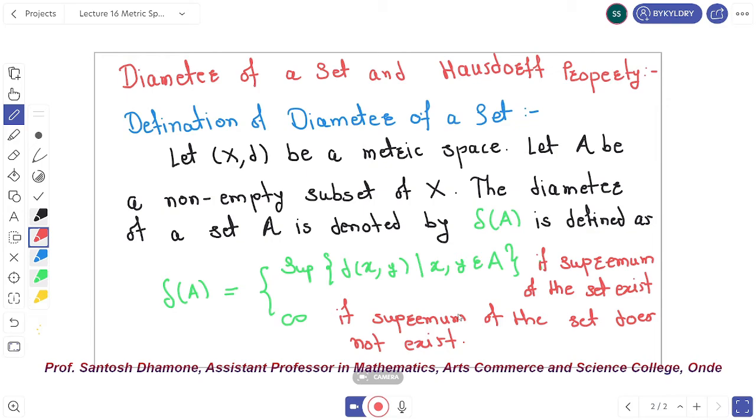Examples. First, if (X, d) is a matrix space and let x0 belonging to X be a fixed point.